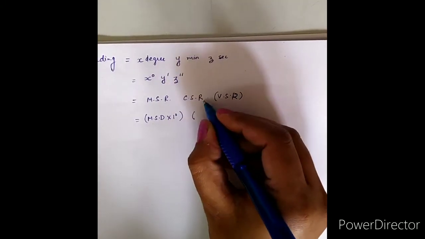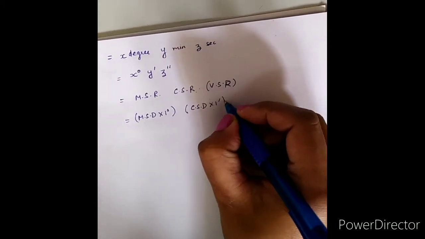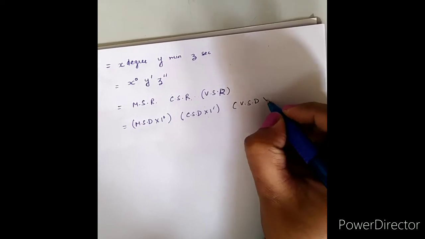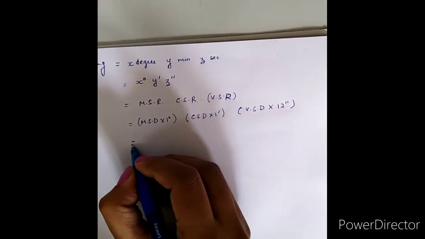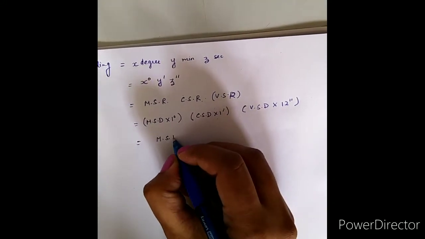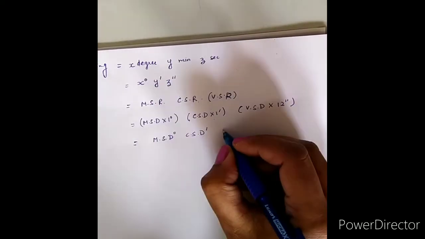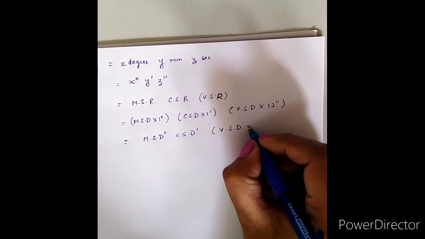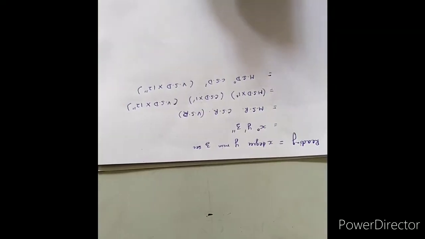The circular scale least count was 1 minute. And the vernier scale division least count was 12 seconds. So you simply write the main scale division in degrees, the circular scale division in minutes, and multiply the vernier scale division by 12 seconds. This will be the reading.